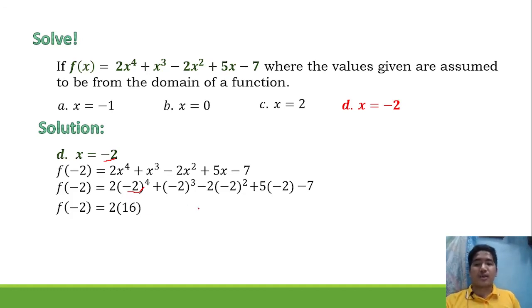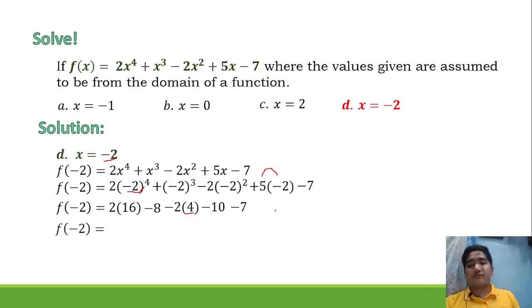Okay? Next. Negative 2 cubed, that is equal to negative 8. And then, negative 2 times positive 4. Okay, negative 2 squared, that is equal to positive 4.